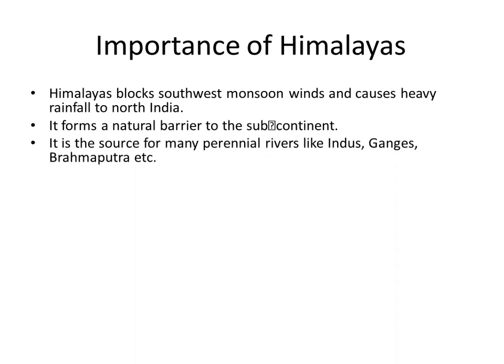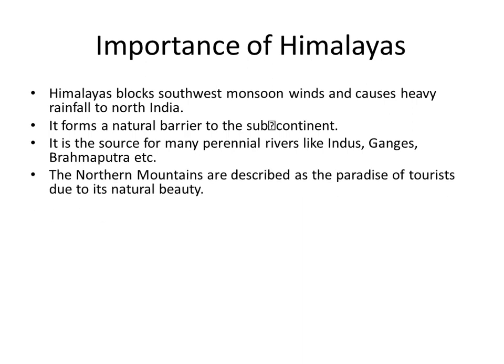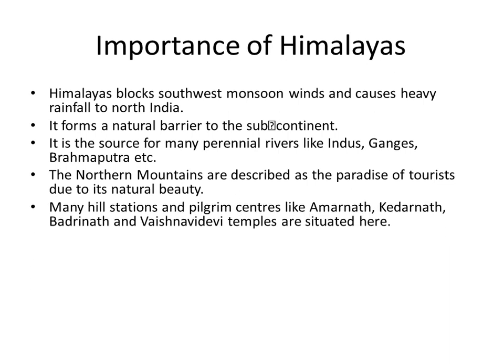And also many perennial, that means permanent, rivers like Indus, Ganges, and Brahmaputra originate from the glaciers in these Himalayas. These mountains are also famous tourist spots because they contain a lot of beautiful nature, and many hill stations and pilgrim centers are located here. For example, Amarnath, Kedarnath, Badrinath, and Vaishno Devi temples are also located here.